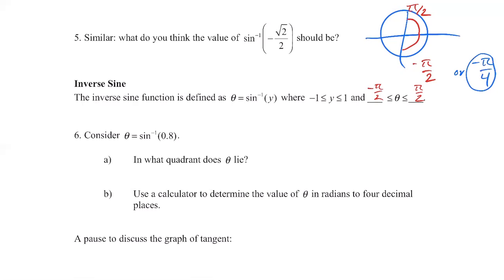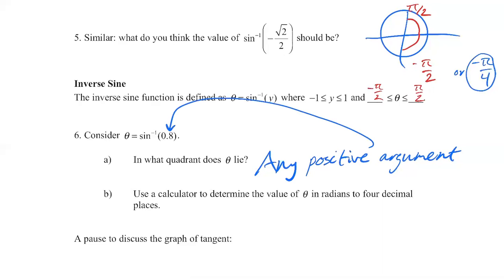Now, consider theta equal to the inverse sine of 0.8. In what quadrant does theta lie? Well, any positive argument, and that's the argument, corresponds to an angle in quadrant 1.